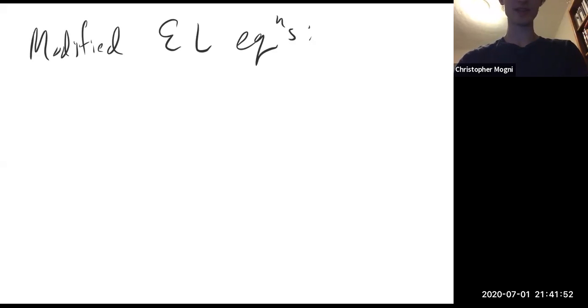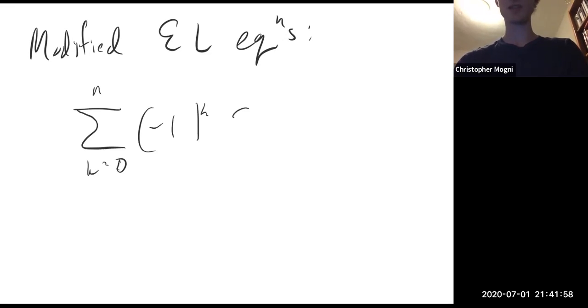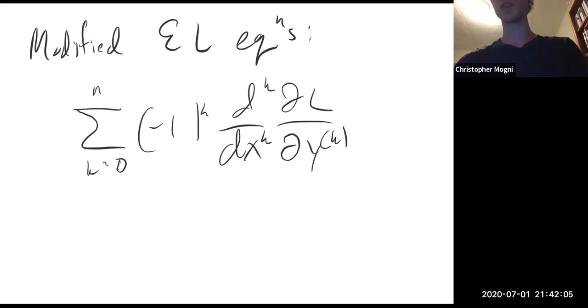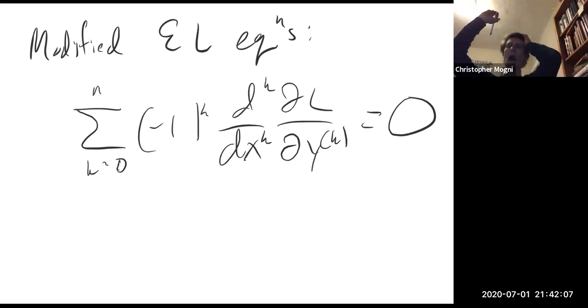What we get is the sum from k equal to 0 to n of (-1)^k d^k/dx^k of partial L, partial y_k should be equal to 0. This is a differential equation. You can see that because there's going to be a bunch of derivatives with respect to x on both y and then other ones that are acting on just L and its partial derivatives.